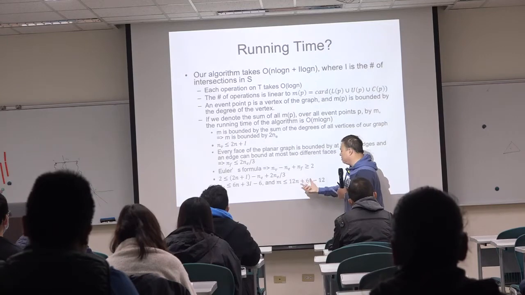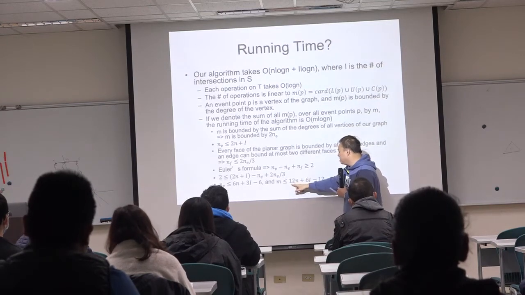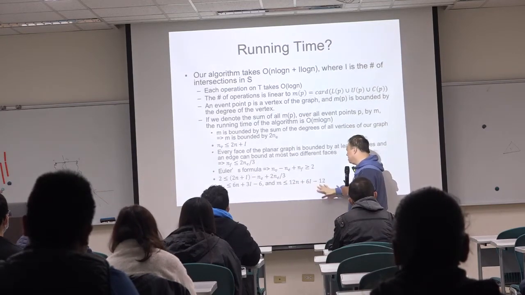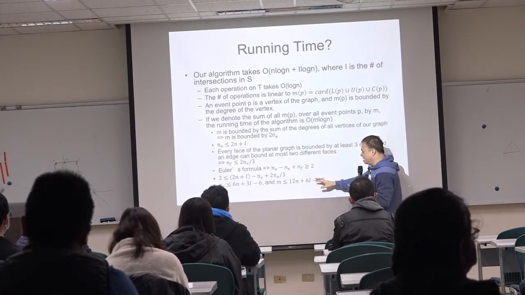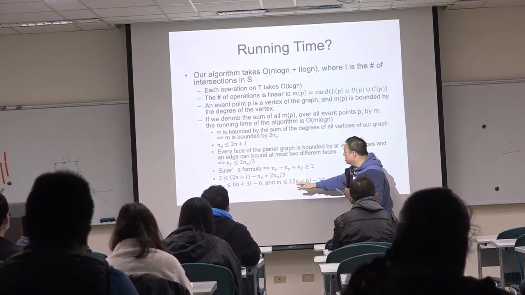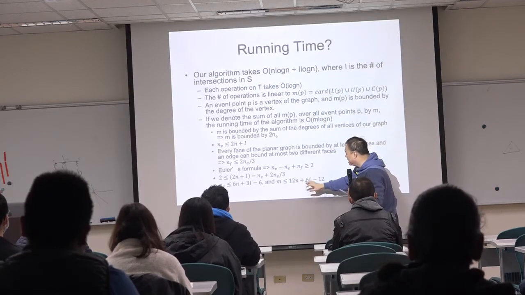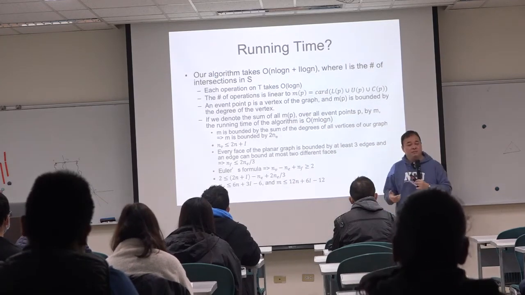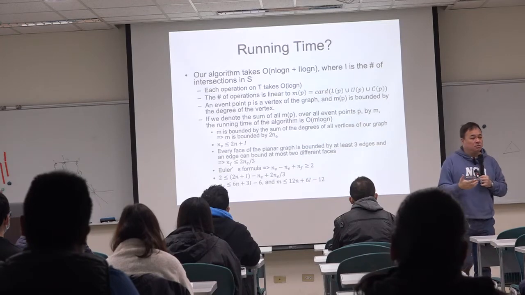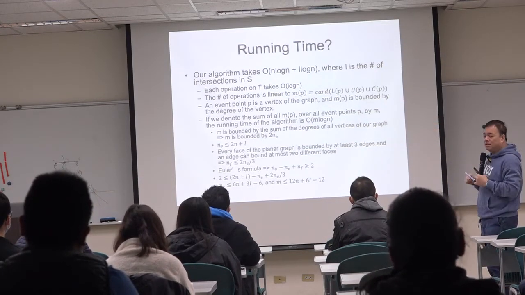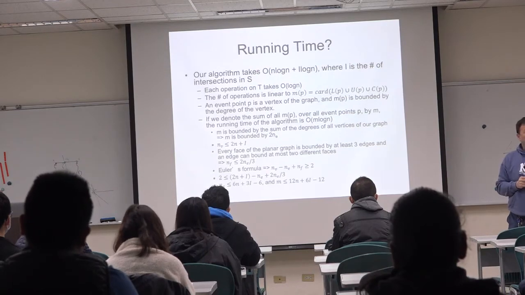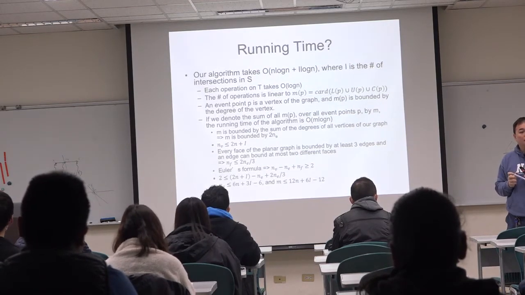So it's going to be bounded by 12n plus 6i, and this minus 12 we don't need to account for. But it's going to be n log n plus I log n, right? It's linear in these two terms, obviously. So we have that. Any question?